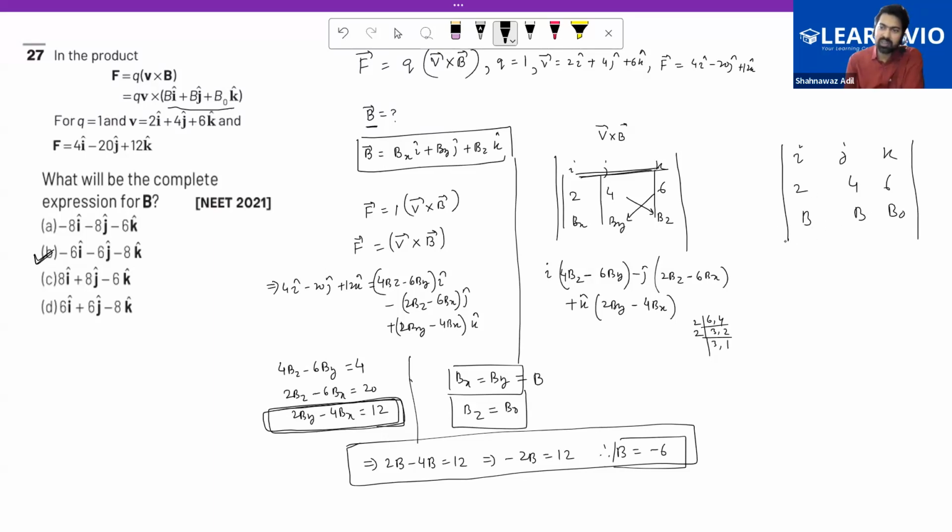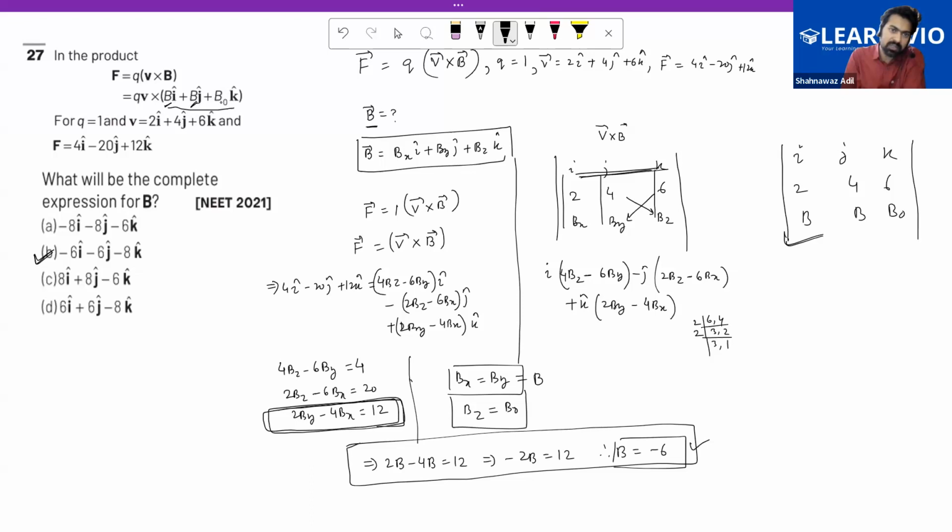So you can start with this one and then compare and then you get this. But yeah, this is also correct. From this one you will also get the result, but from this one you will get the answer quickly. I have written Bx, By, Bz separately. You guys can write B, B and B because they have given it.